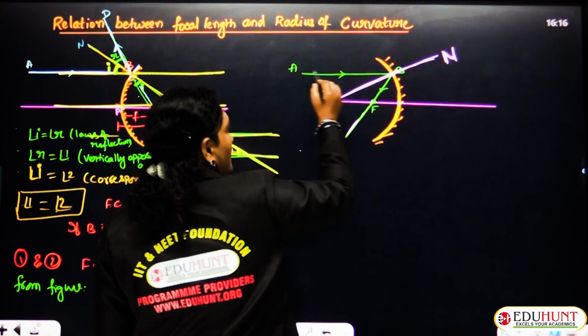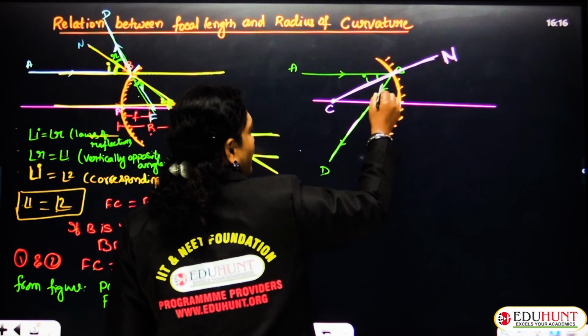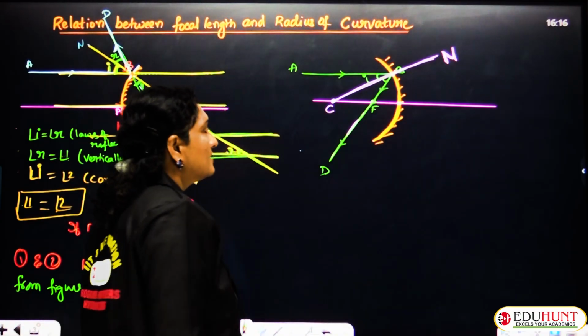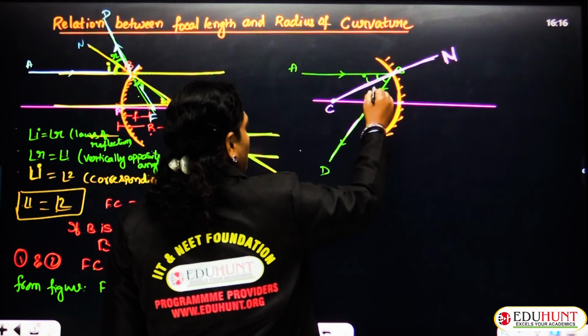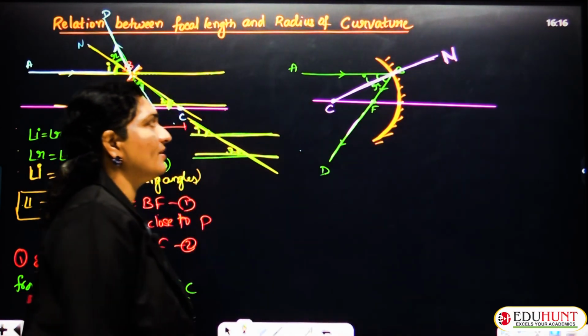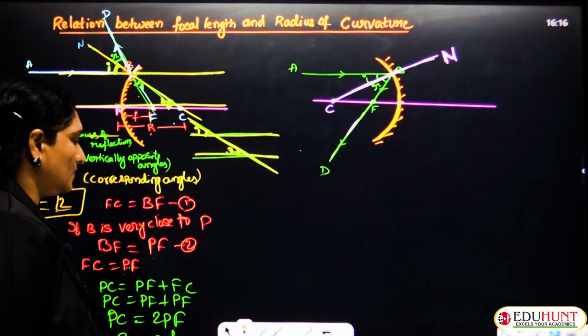The angle between the incident ray and the normal drawn to that surface is called the angle of incidence, whereas the angle between the reflected light ray and the normal is called the angle of reflection, indicated with the letter R. Okay.